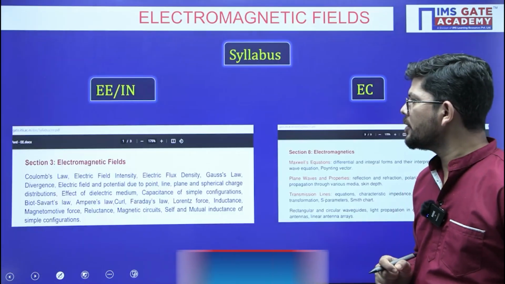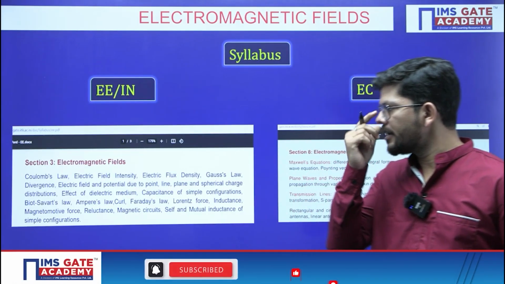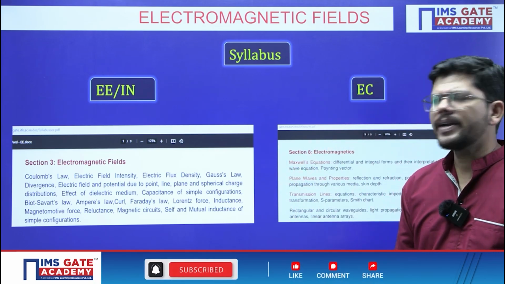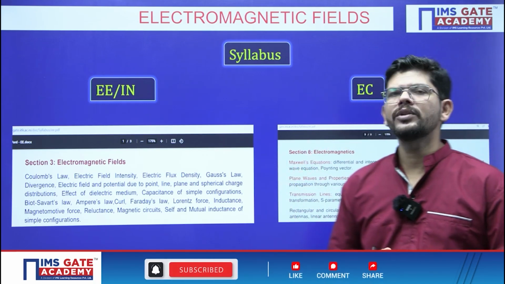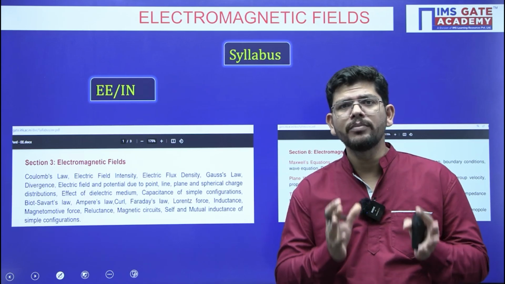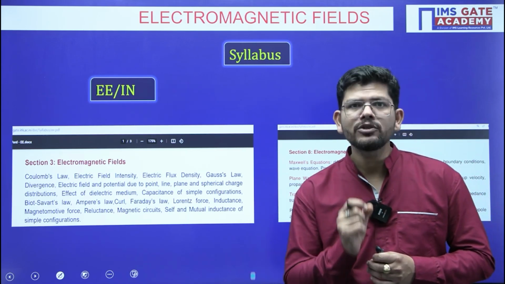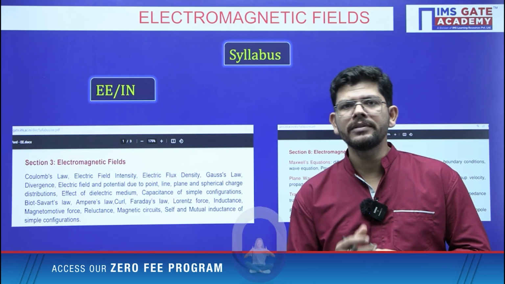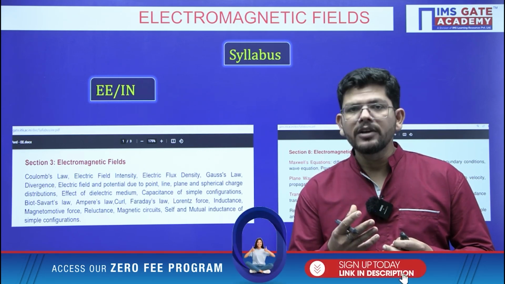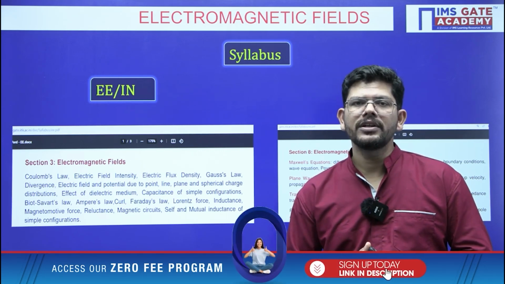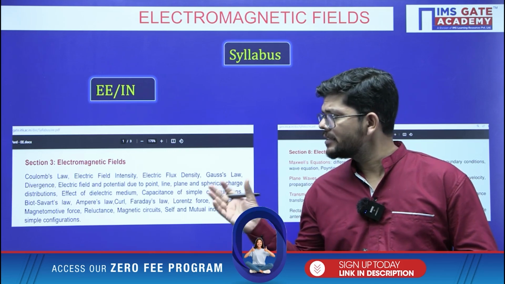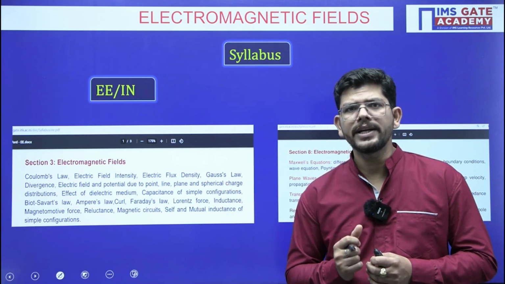So if I talk about EMFT, first of all, let me discuss the syllabus. If I talk about electrical and IN students, your syllabus is not that much in EMFT. You only have to cover some basics of EMFT, under which you have to cover the coordinate system, the vector calculus concept, and then electrostatic, magnetostatic and Maxwell equation.